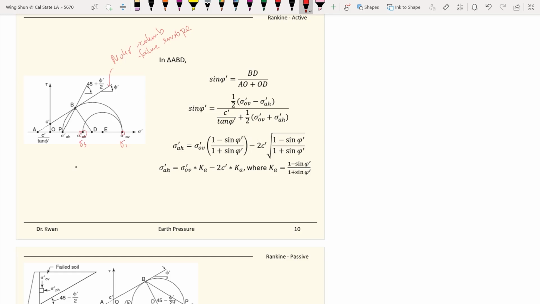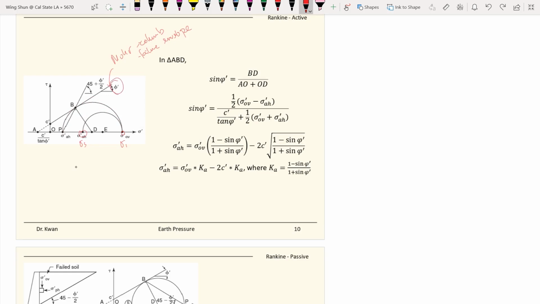So this is your at rest condition, and the more you mobilize your retaining wall, the circle will be going bigger and bigger until the point that you are hitting your failure line, which is the Mohr Coulomb failure envelope. At that point, it is your failure stress state. So that is what we design for.